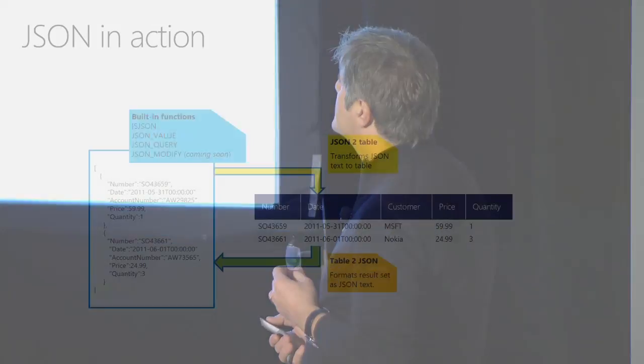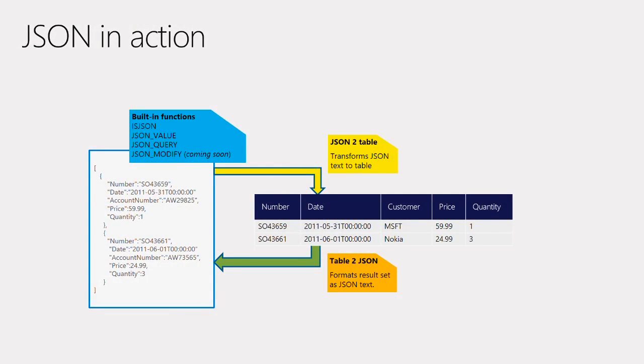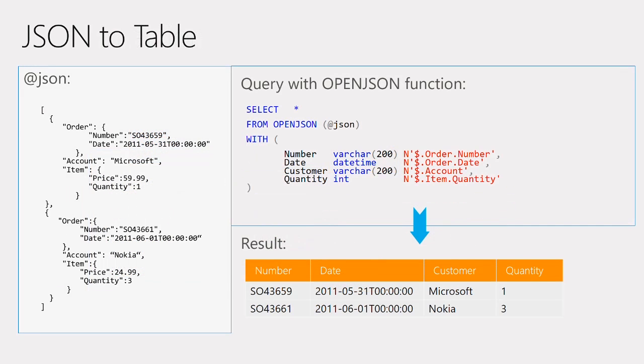So JSON in action: if you have JSON, then you can do table to JSON, JSON to table. And that's usually what people want. You have records in a database, and you want to produce JSON because you're going to send it to some other app that takes JSON as an input. So you transform JSON text to table. This is what it looks like.